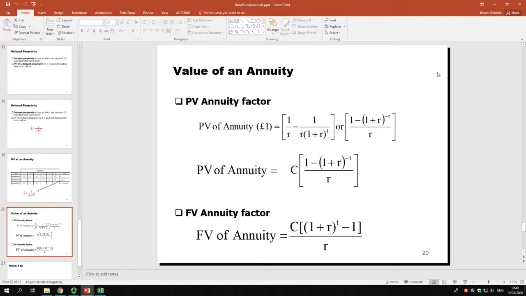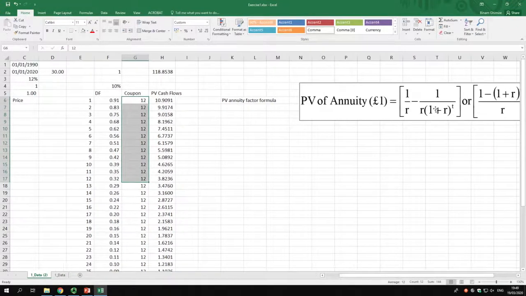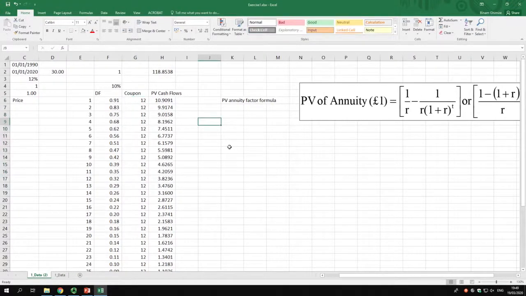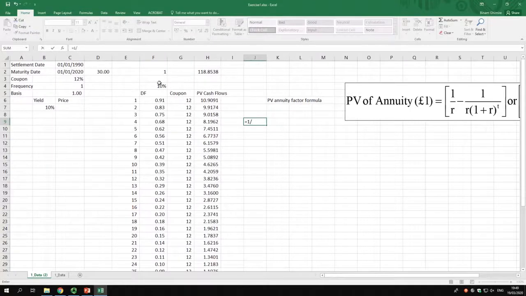Let's just take this one and apply it here. So 1 over r. What is r here? R is given to you, which is your yield, 10%. Okay, 1 over r is done.